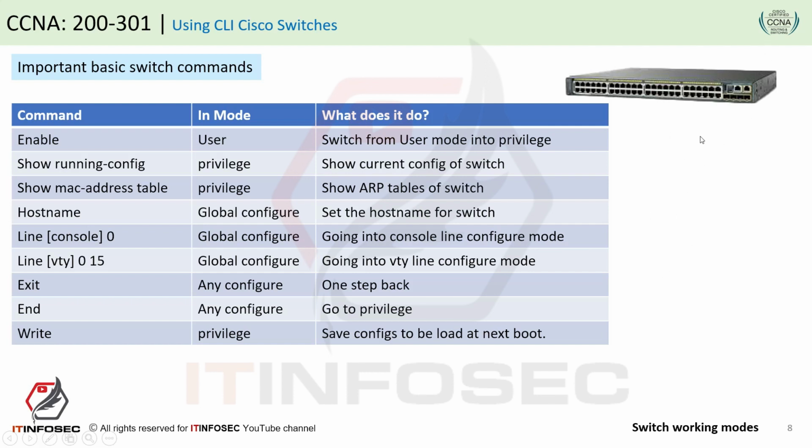If you configure telnet or SSH with this VTY line command on the first switch, you can connect from the third switch through the cabling by IP address remotely to this switch that we will configure practically. Don't worry, we will go one by one and step by step.